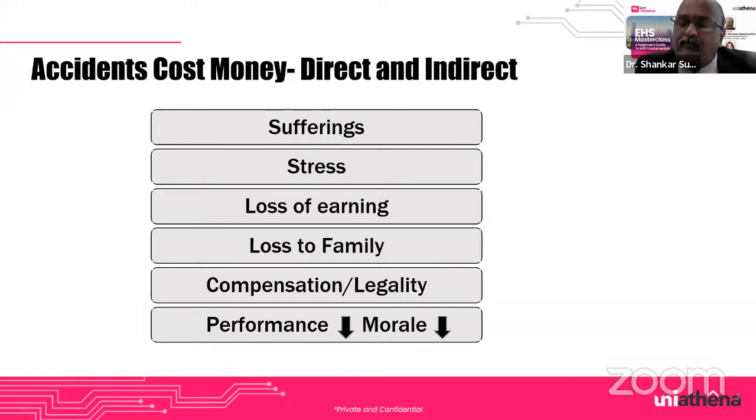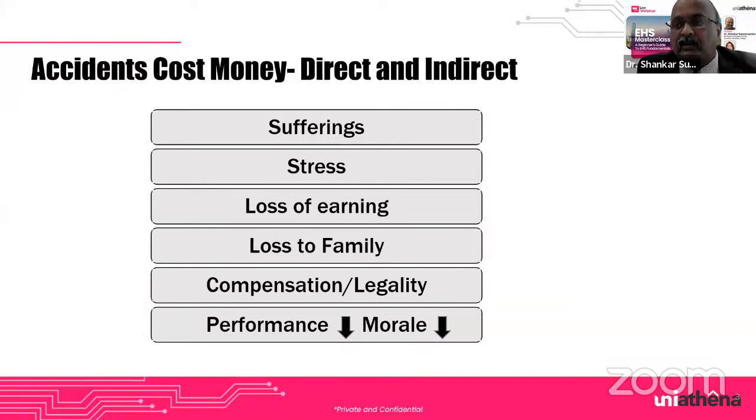Overall, performance can be affected, and it can affect the morale of the people there. Suppose you have an accident in a place, obviously you're scared to go there the next day. It quite often happens. And if the accidents are too many, then you are not very secure in going to the workplace, so you're always looking out, thinking anything can happen anytime.